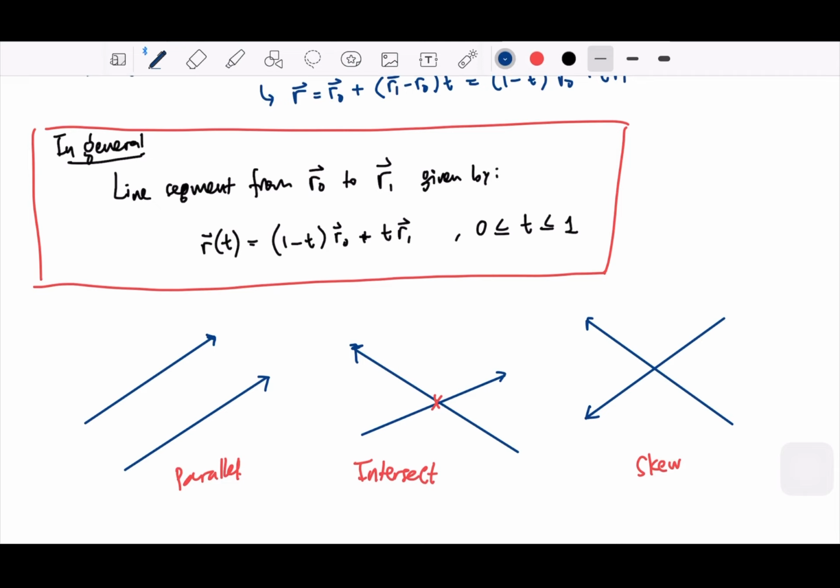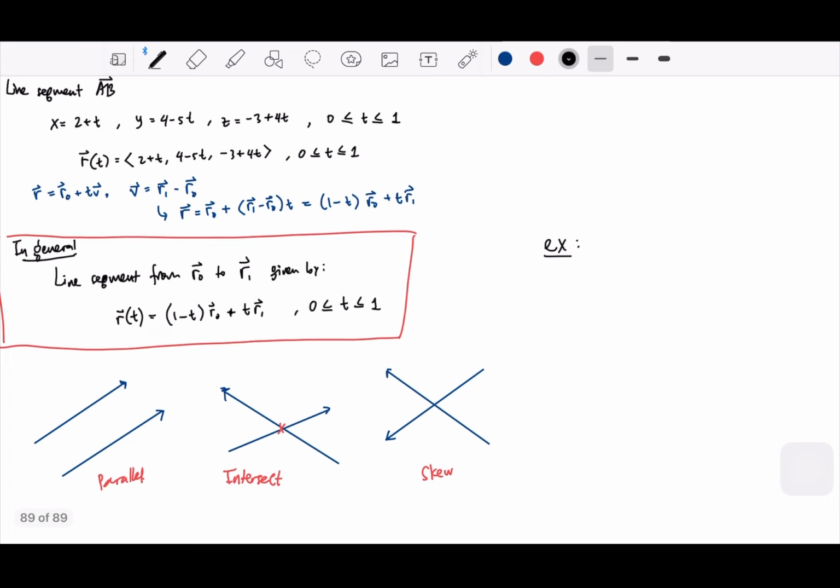To give you a practical approach to look at skew lines, let me give you two lines, and then we'll see whether those two lines are skew. Let me give you an example.